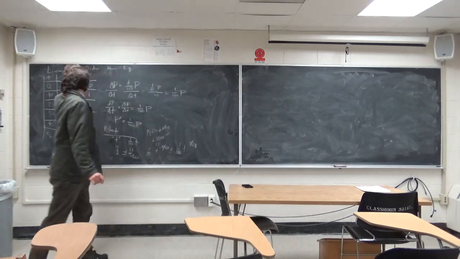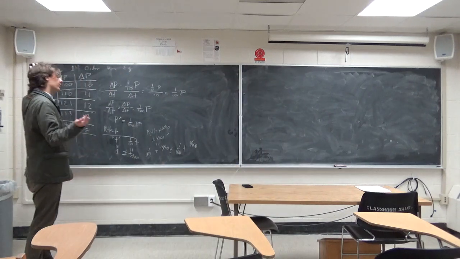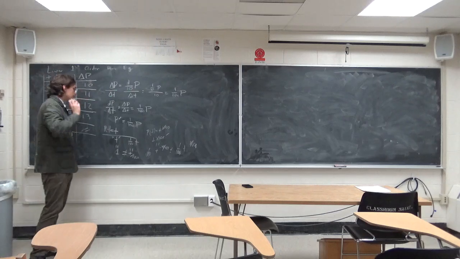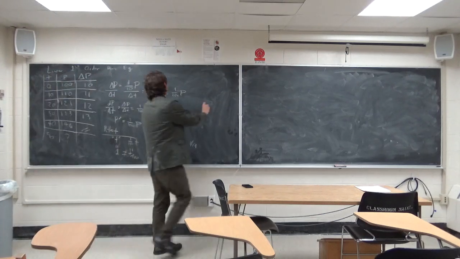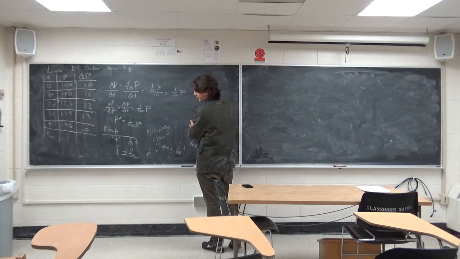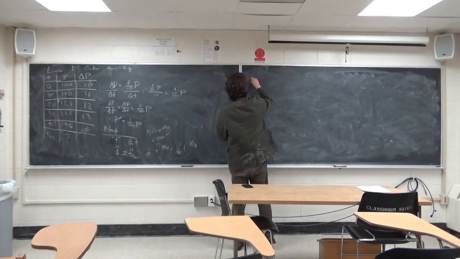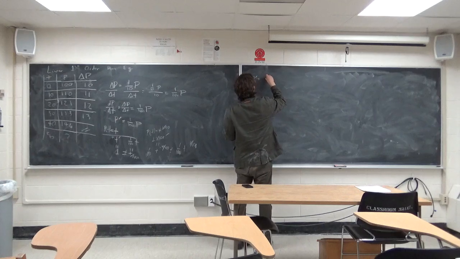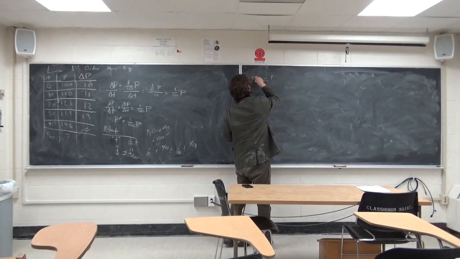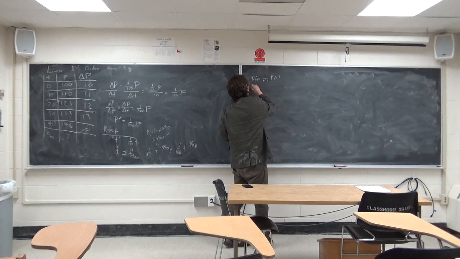All right, well, let's try exponentials. Let's see what happens there. Let's plug that into the equation. Let me rewrite it over here: the derivative of p equals 1/100 p, with the t's. So let's say p of t is equal to e to the t.